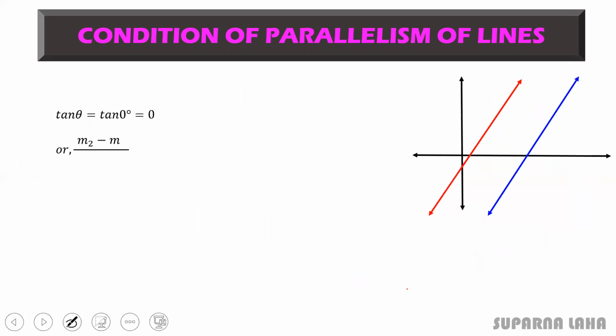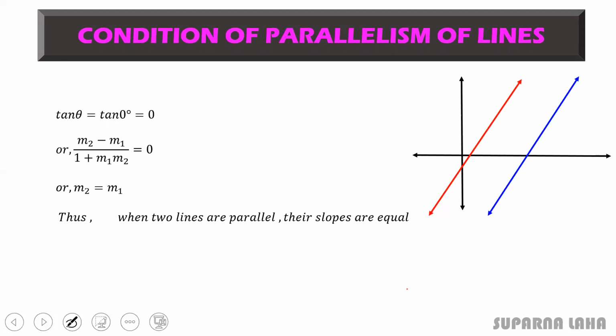So let us find the relation between their slopes. If tan theta is equal to 0, that means m2 minus m1 by 1 plus m1 m2 will be 0, and if we solve it, we will find m1 equals m2. Okay, so the condition for parallel lines is that their slopes are equal. Just check the slope of these two lines. If they are equal, that means they are parallel.